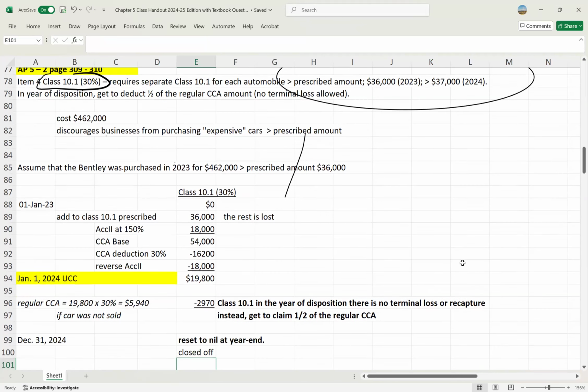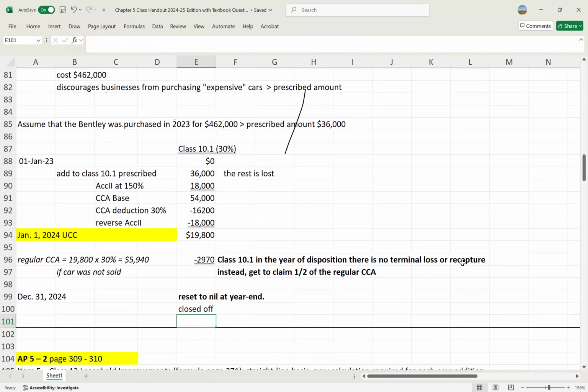And then the year that you sell the car, rather than deduct the lesser of costs or proceeds, you just get to take 1/2 of whatever that CCA would have been if you did not sell that car. Now, obviously, this does not add to zero, but because it's only the one asset in this class 10.1, it would just reset to zero, and then this class would just be closed off.